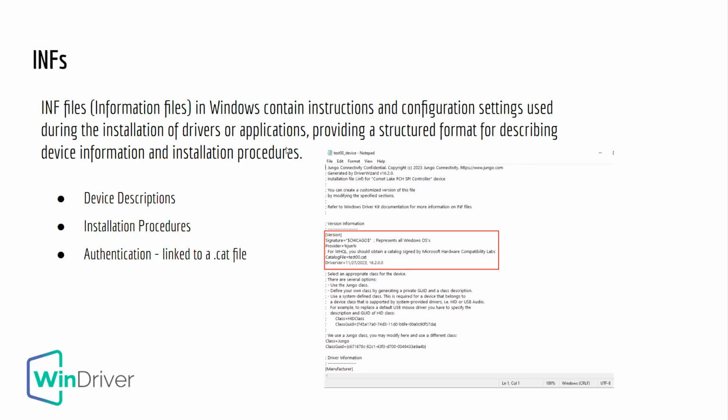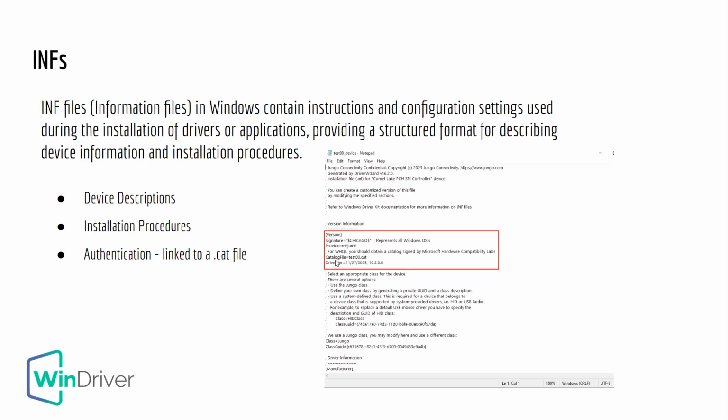So you probably know that WinDriver's driver comes with two INFs at least, device INF and driver INF. Here we have a screenshot of the device INF. In the device INF, you can find the device description and installation procedure, but to our point, we are talking about the signature. The signature information is included in the INF.